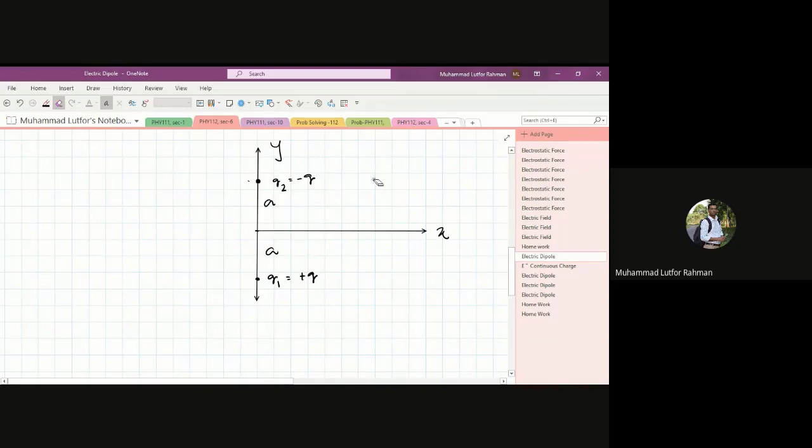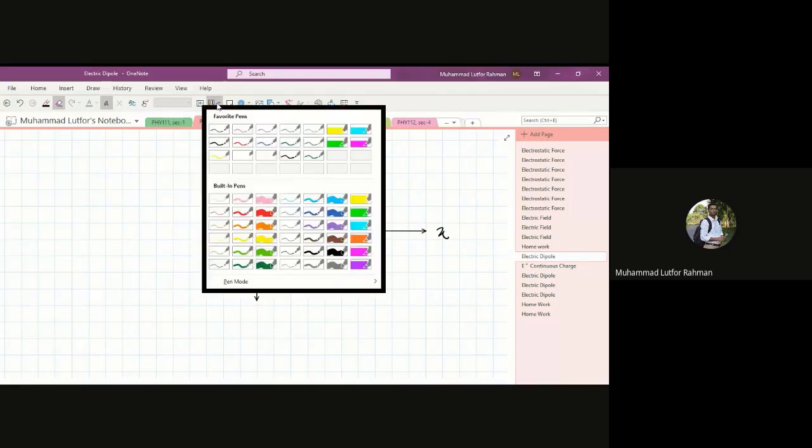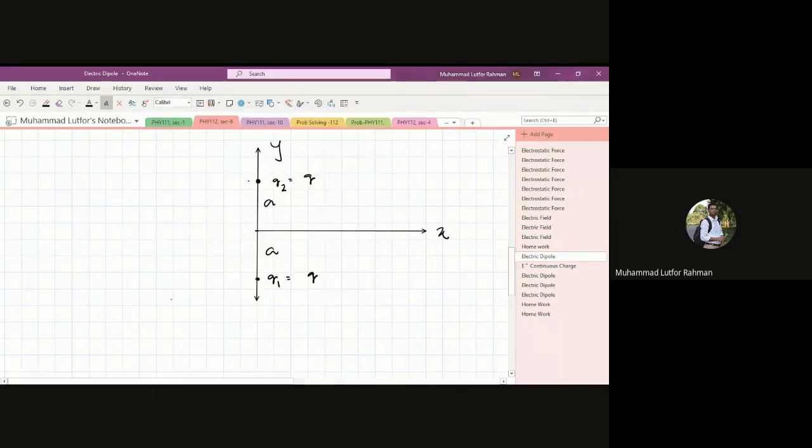So I keep the charges in the same way, or I can shift the charges if you want. Right now, say this one is positive.